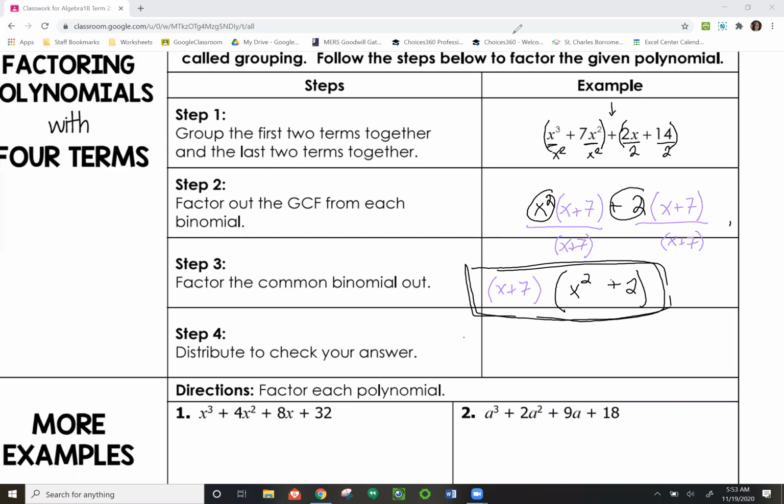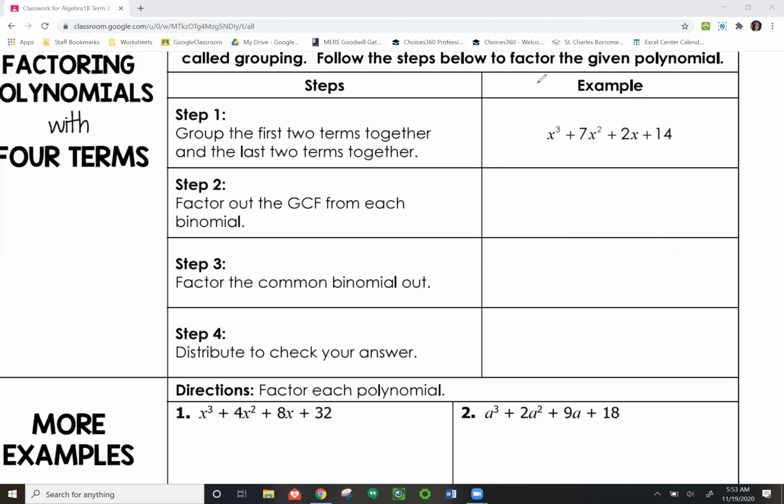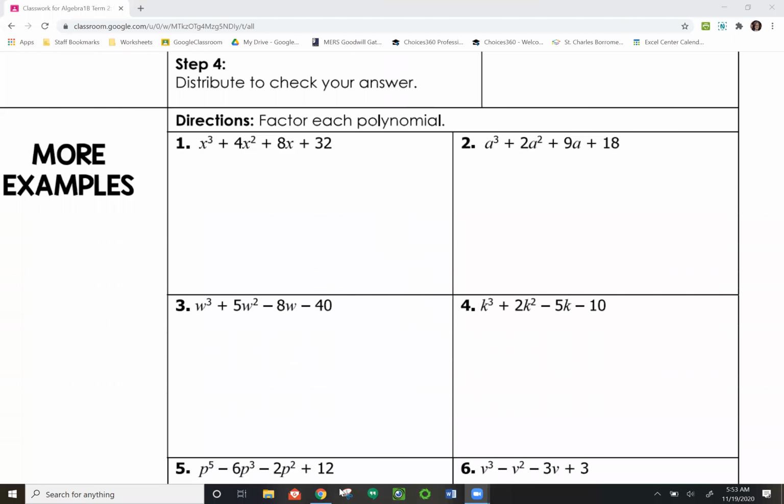All right, so let's do some examples. Number 1. The first thing that I want to do is group both of these together. Now always make sure you have a plus sign in between there.